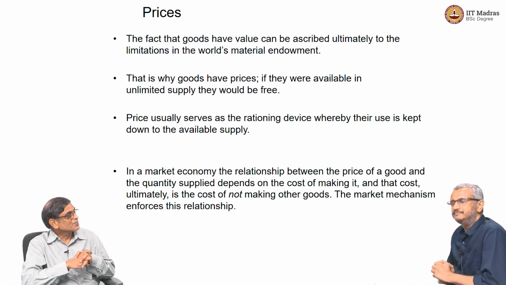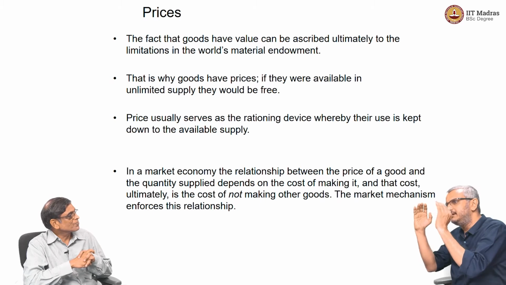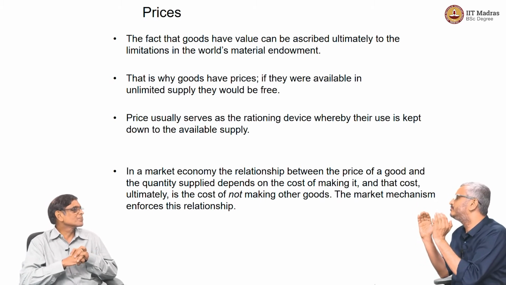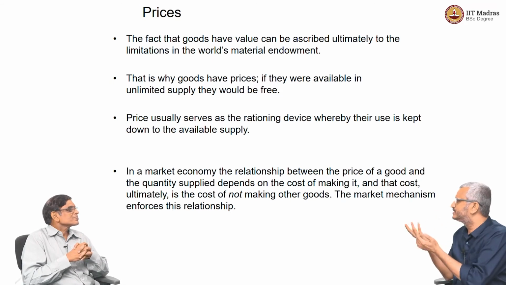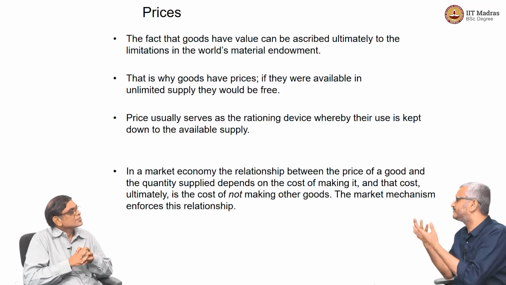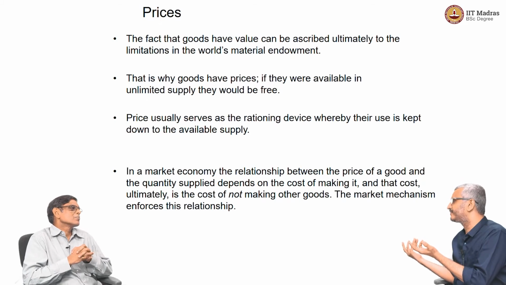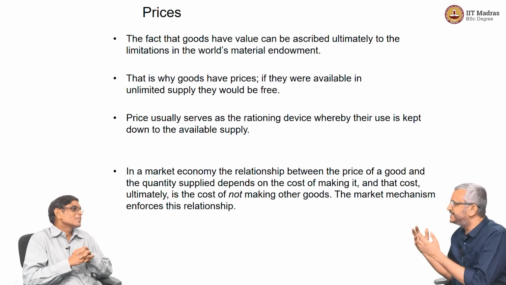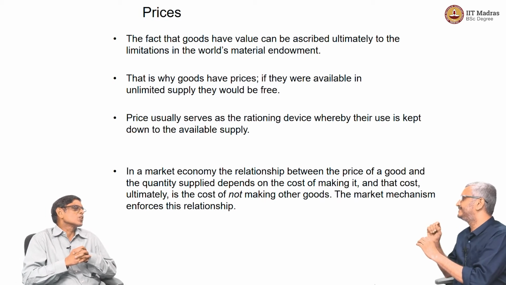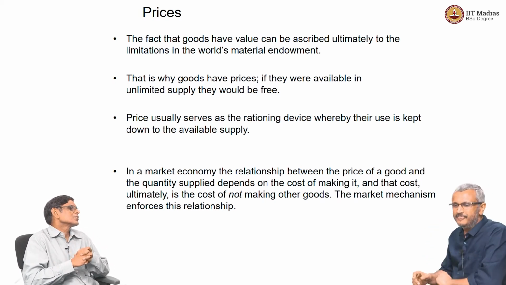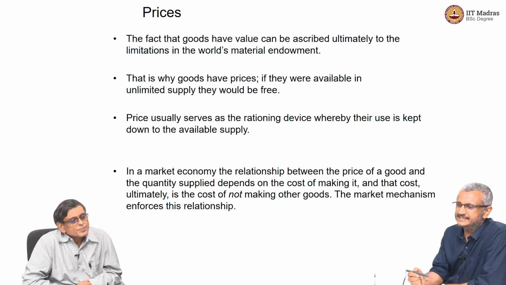One, we are conceiving of a system where material endowments are limited. So if you get something free, then it will be unlimited consumption, so the value of that will come down. So price implicitly controls that value. It controls the consumption. So that is the point about price.